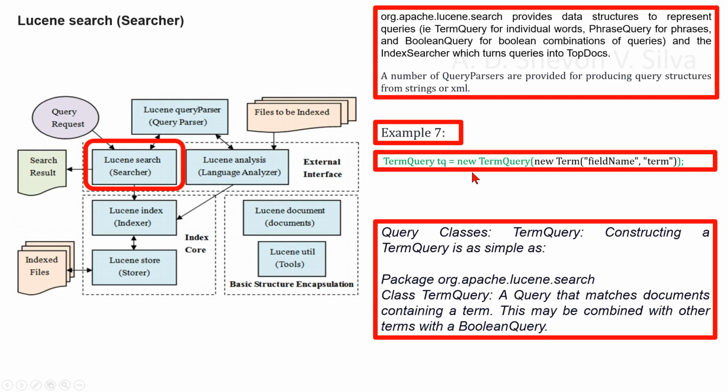In this example, the query identifies all documents that have the field named fieldName and containing the word term. There are other query classes: BooleanQuery, PointRangeQuery, FuzzyQuery.